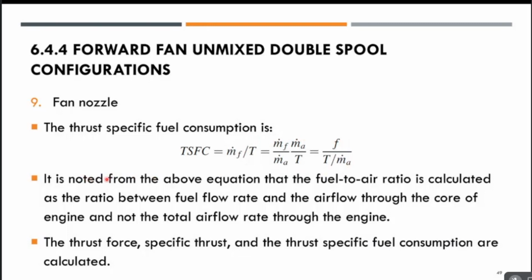It is noted from the above equation that the fuel to air ratio, m dot f, is calculated as the ratio between the fuel flow rate and the air flow through the core of the engine, and not the total air flow rate through the engine. We only consider the flow rate through the core. M dot A is the flow rate through the core, not through the fan, and it is not the total flow rate through the engine. So the thrust force, the specific thrust, and the thrust specific fuel consumption are calculated over here.